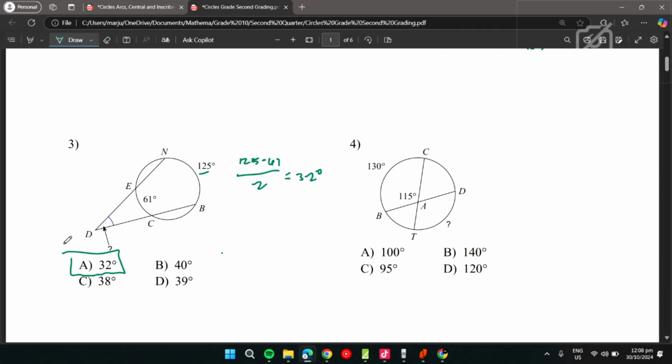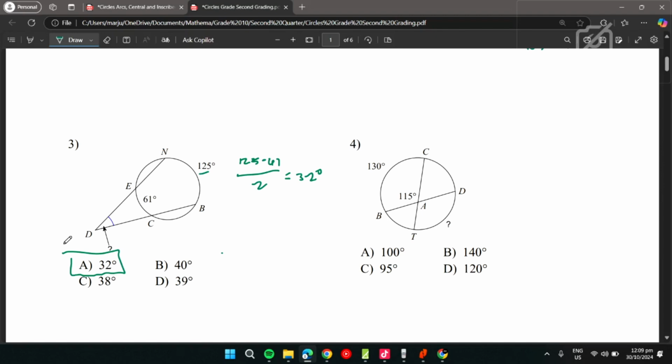Let's do number 4. What about number 4? How do we solve for number 4? Any idea? What is the concept for us to solve number 4?